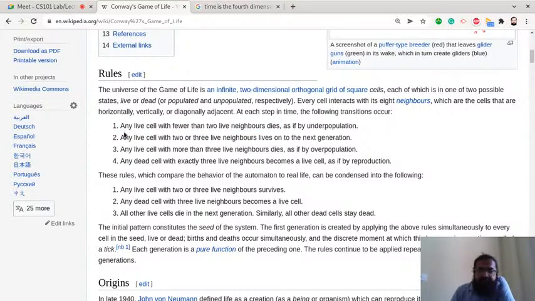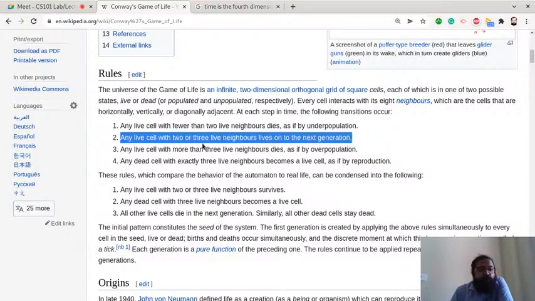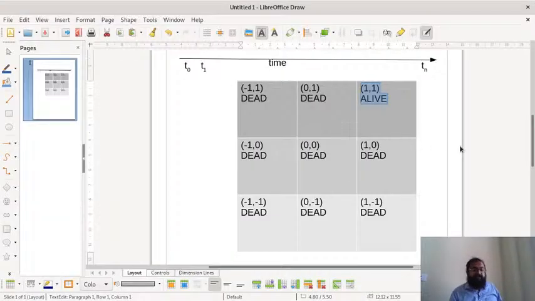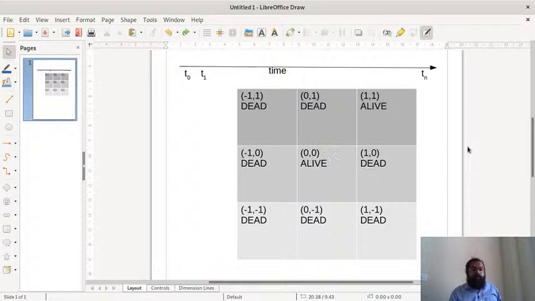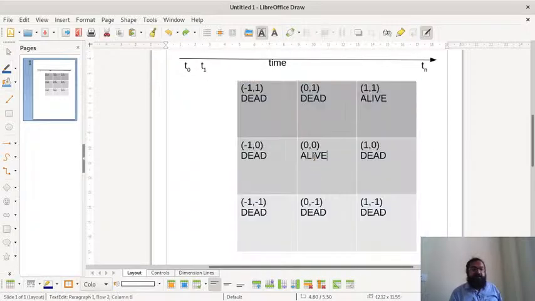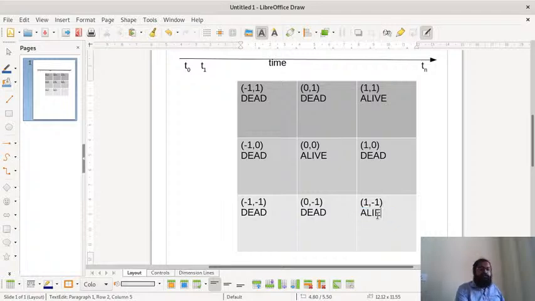So any live cell with fewer than 2 live neighbors dies as if by underpopulation. Any live cell with 2 or 3 live neighbors lives on to the next generation. So let's say that this is alive, and we want to see what is going to happen.